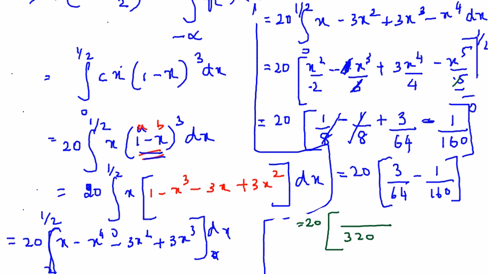So I get 3 into 5, 15, minus 160 into 2 is 320. So I'm going to multiply the numerator also with 2. So I get, this is nothing but 20 into 13 by 320. So this 0 gets cancelled and 2 16s are 32. So my answer is 13 by 16.